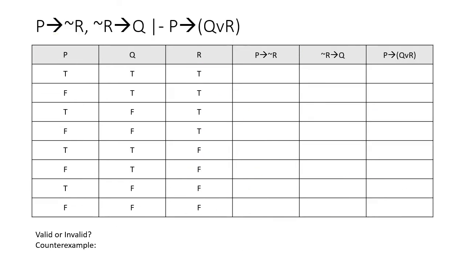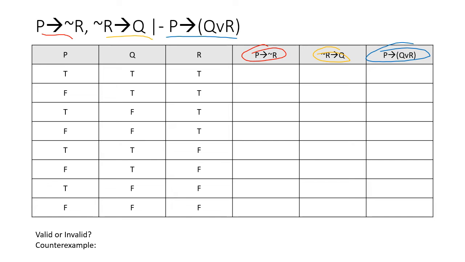Moving on to this next one, we have two premises. First one's here, second one here, and then here's our conclusion. So let's just start with this first premise. We've got two different operators.